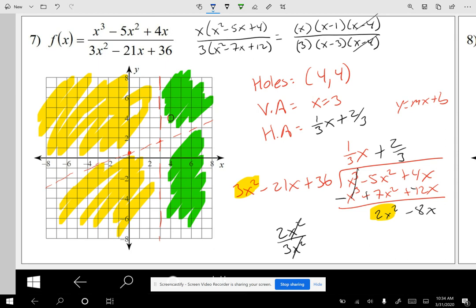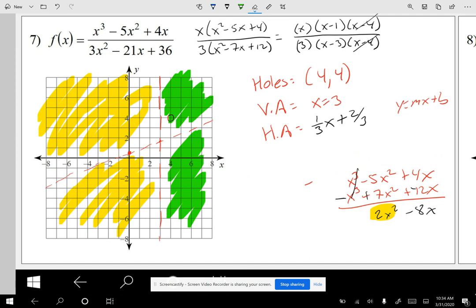All right, to find out to the left of my asymptote, let me erase this first. Let me give myself some room. So to find to the left of it, I'm going to choose a value less than 3.